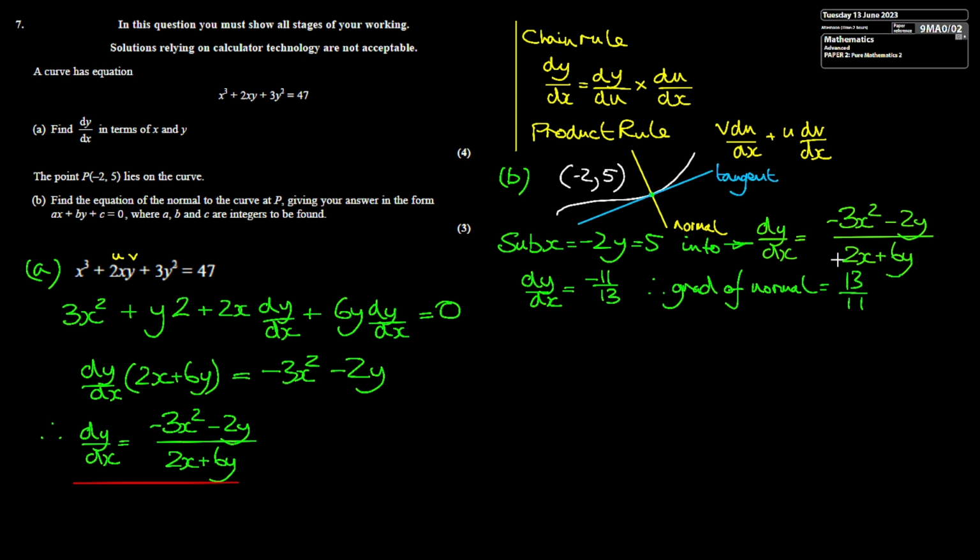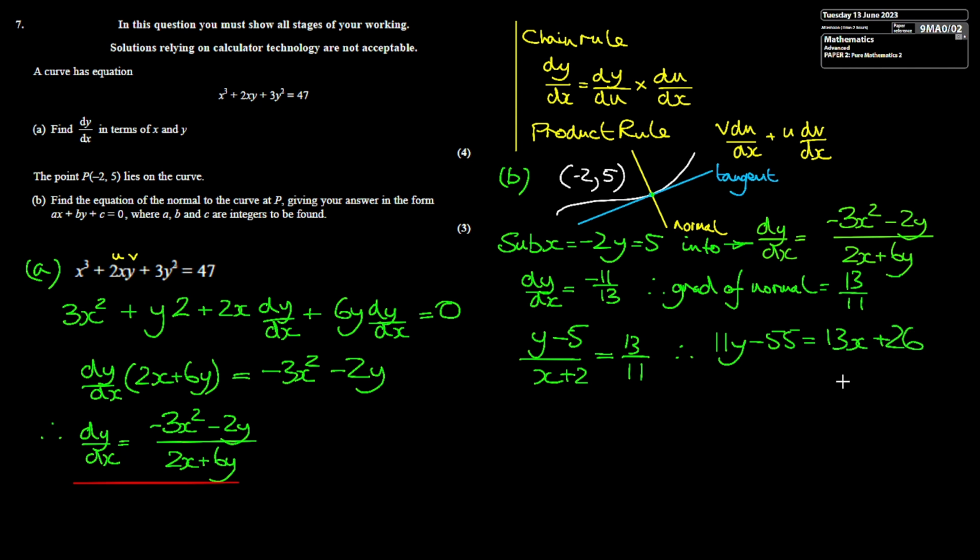So now we can use the definition for gradient using our coordinate point and work out the equation. So I can say that y minus 5, the y coordinate of the point, divided by x minus minus 2, which is x plus 2, is equal to this gradient, which is 13/11. Cross multiply and get, therefore, 11y minus 55 is equal to 13x plus 26.